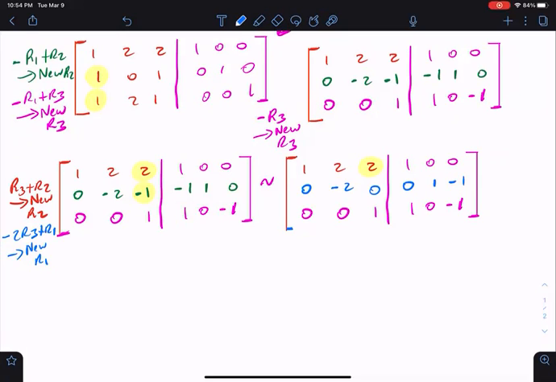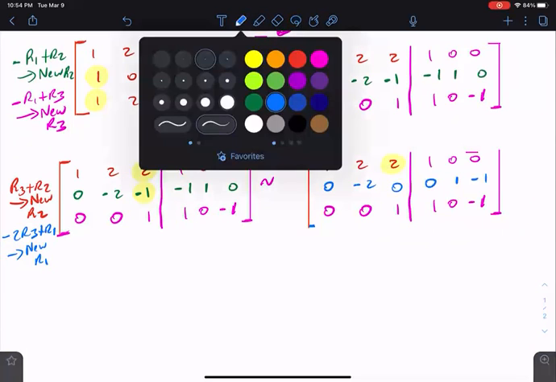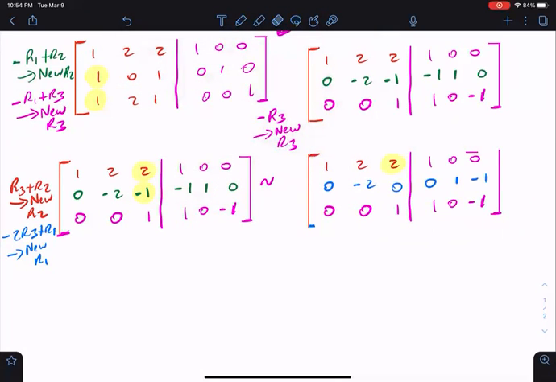Let's continue with row 1 to finish it. I need to get rid of that too. So row 1 is gonna disappear. And if you do the computation, it's negative 2 row 3 plus row 1.